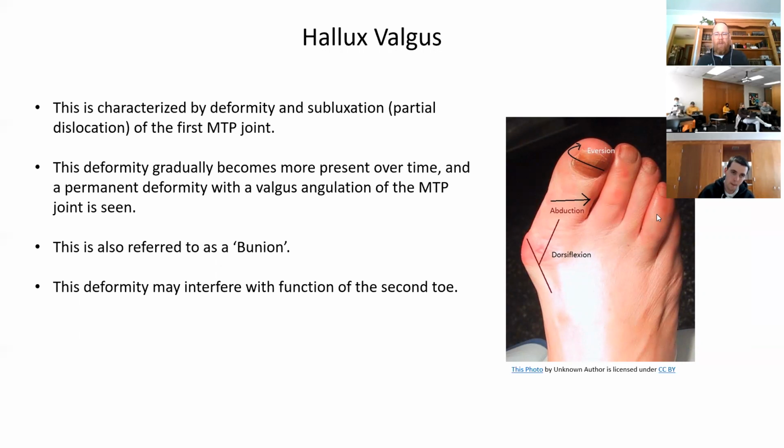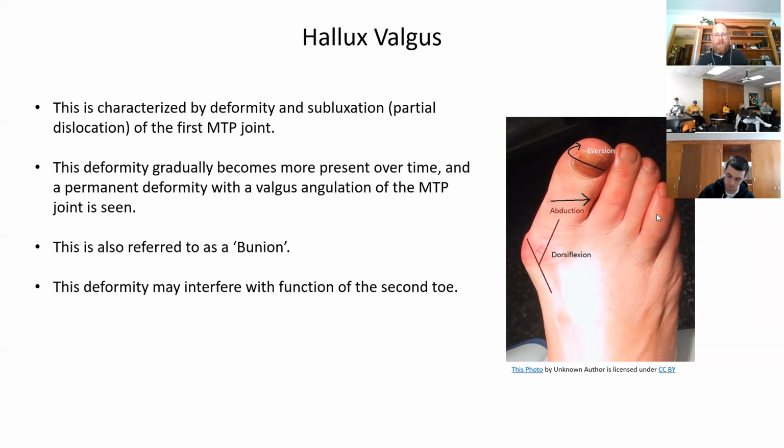And people will develop a bunion, or what we call hallux valgus, right? So as that deformity becomes more permanent as we grow, that's due to growth plate closure as we get older.